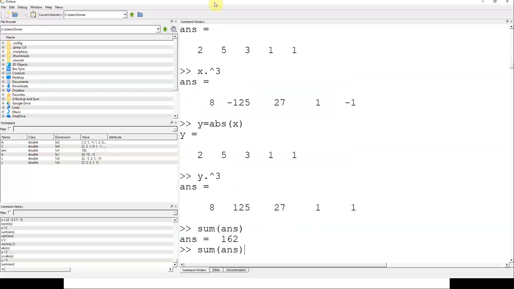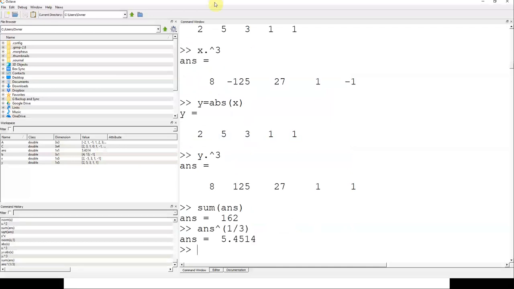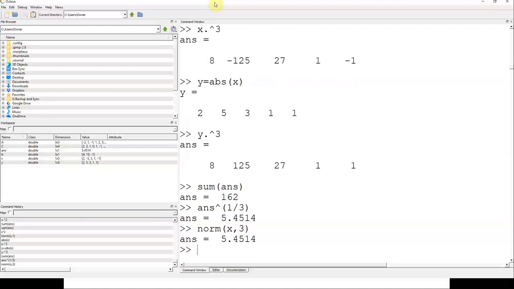So I just say answer to the power 1/3. So that's the norm 3. Understand? So if I just did norm 3, I'll get the same thing. And it goes all the way to infinity, you still get a value.